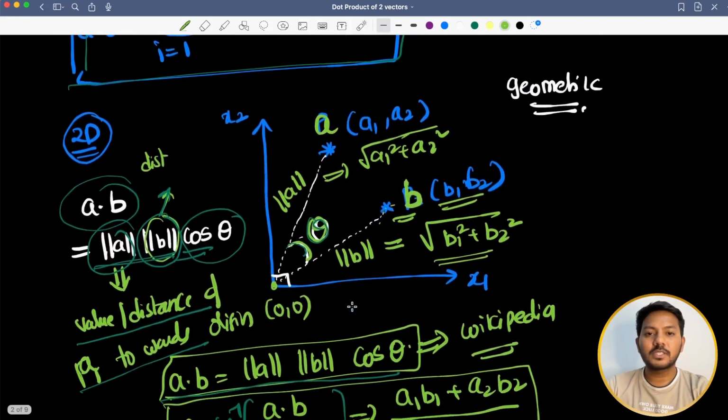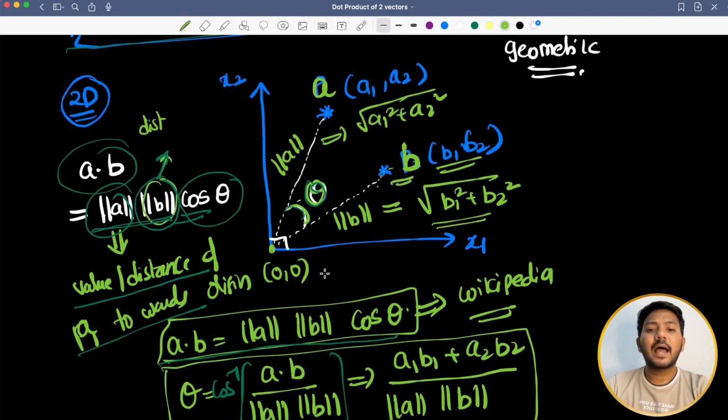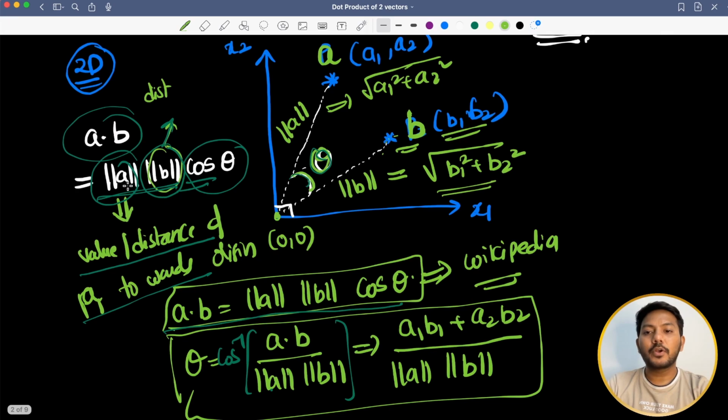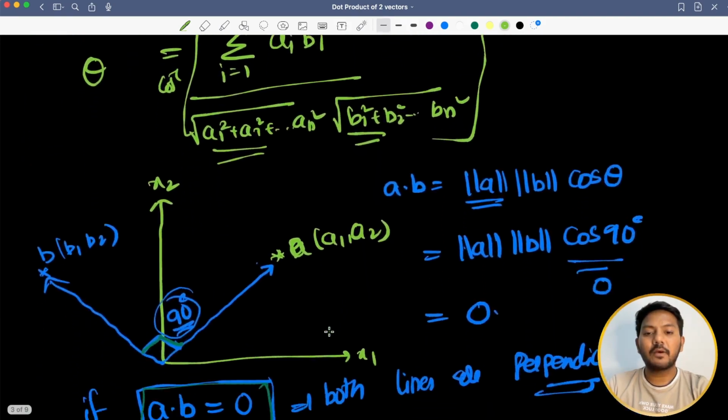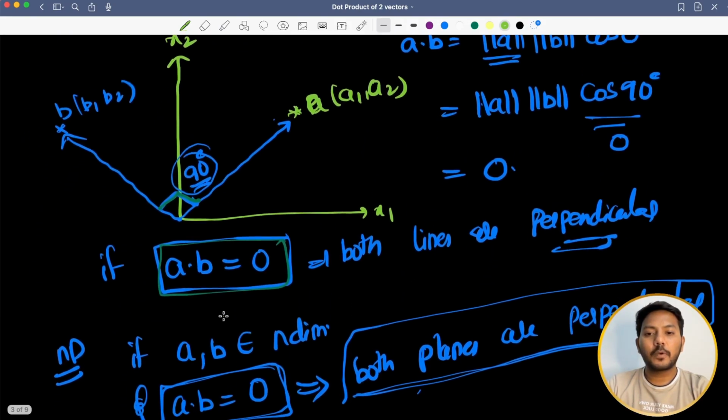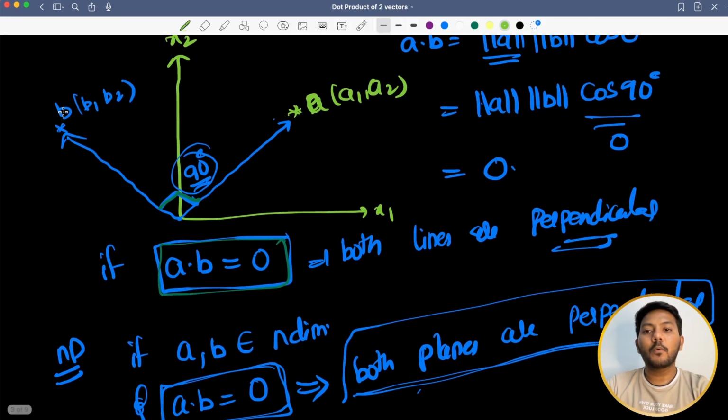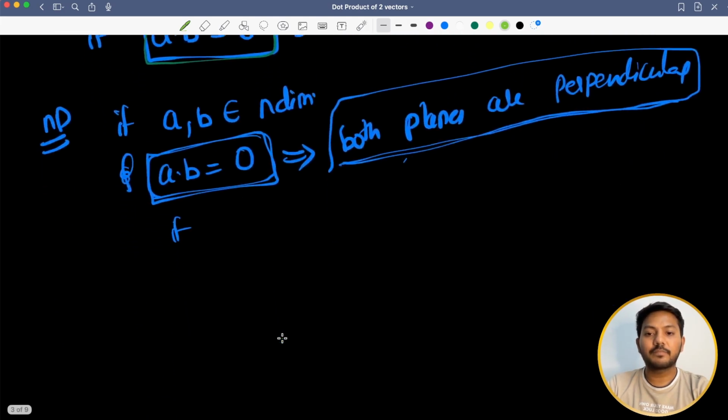We also saw that if two vectors have angle theta between them, a dot b is modulus of a, modulus of b, cos theta, and we can find theta as cos inverse of a dot b by modulus of a into modulus of b. And if the dot product is 0, then both of these lines or planes are perpendicular in nature. That is all we learned in the previous video.